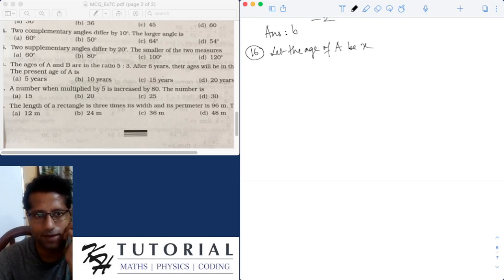Now from the fact that the ages of A and B are in the ratio 5:3, we have to find the age of B in terms of x. I hope you're familiar with ratio and proportion.